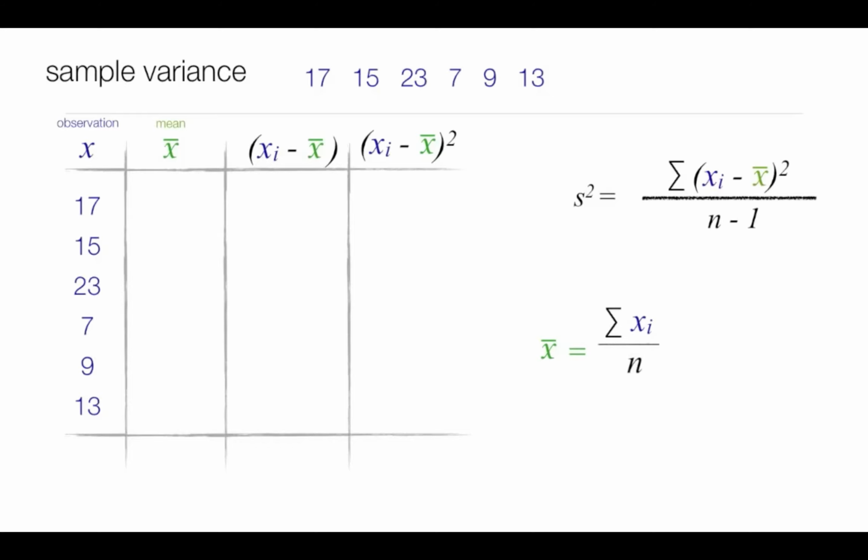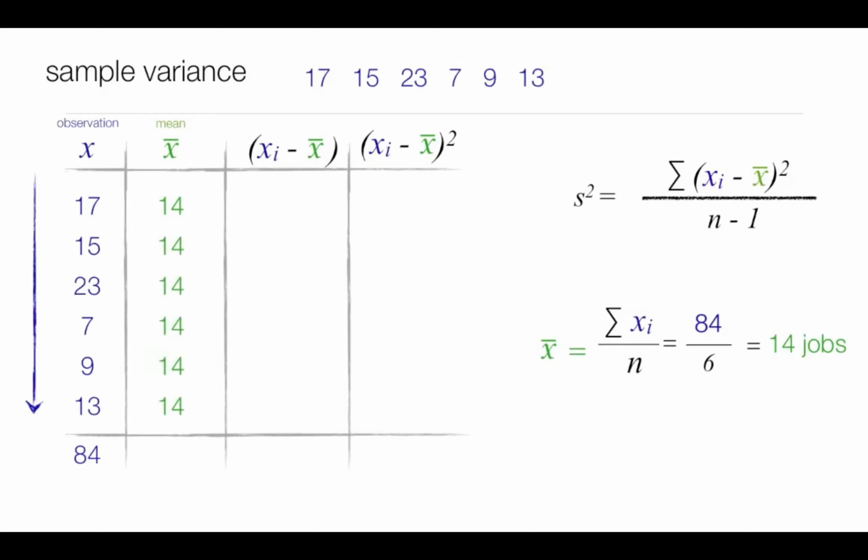So if I add up all my observations, that column right there, that equals 84. Now I take that 84 and I put it right on top of that equation right there, and that's my numerator divided by 6, and that equals my mean, which is 14 jobs. Now I take that 14 and put it right there in that column. And the whole column is going to be filled with 14s.